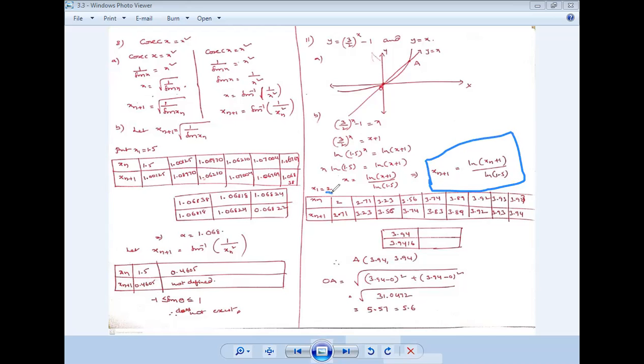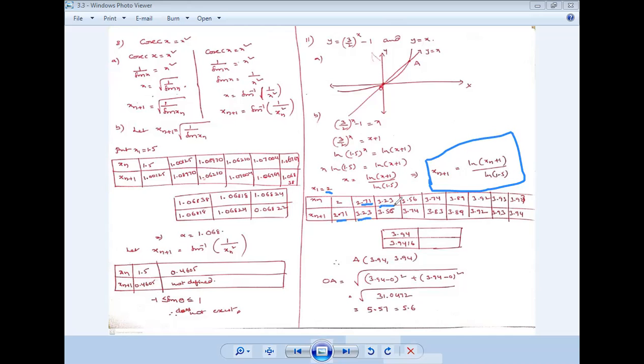So for the approximate value I am taking 2 as the starting point, x1. What will I get over here? Substitute x1 is equal to 2: ln(2 plus 1) is ln 3, ln 3 by ln 1.5, then we will get 2.7. Again, substitute x2 is equal to 2.7, you will get this one.